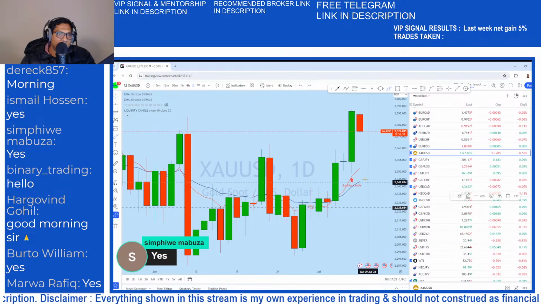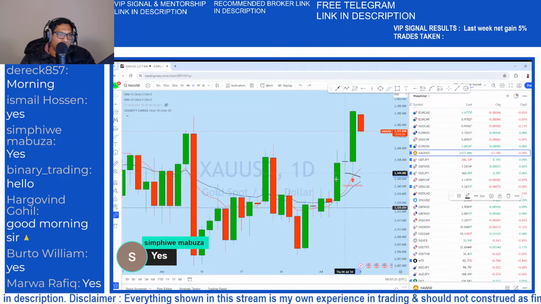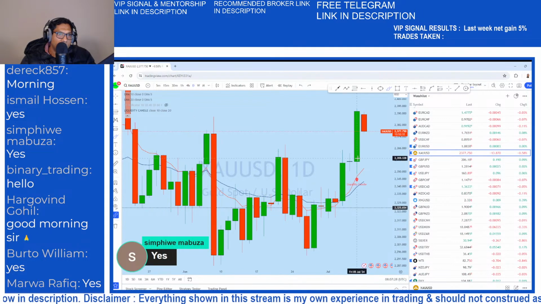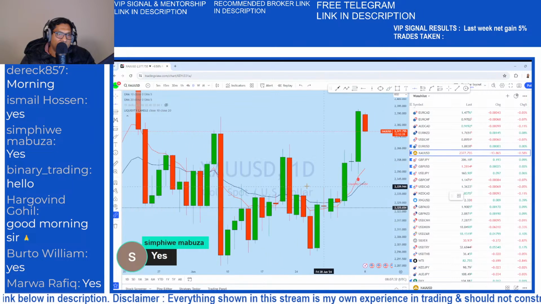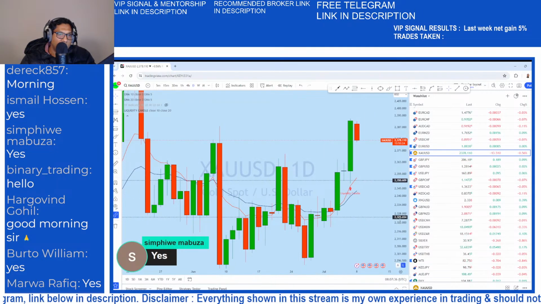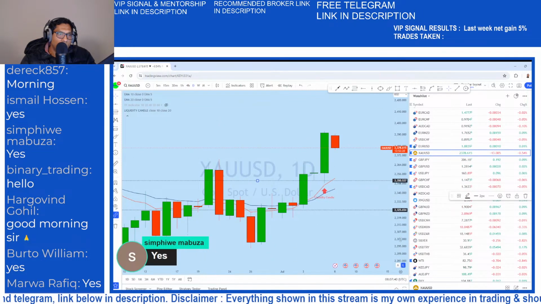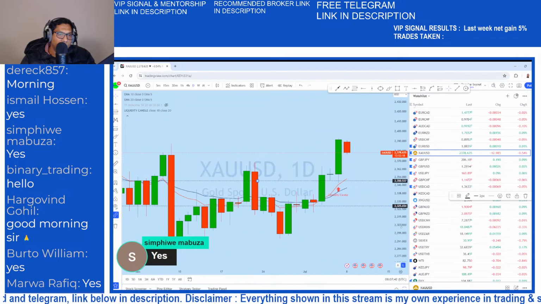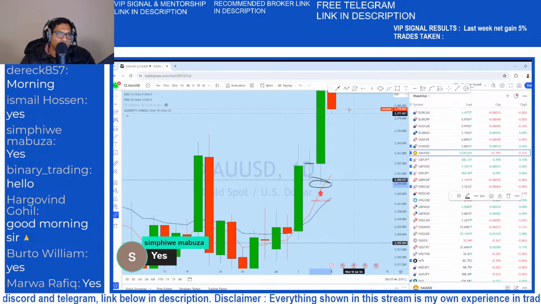With that daily liquidity candle, there is a narrow doji followed by a break of this daily low, which is an important liquidity zone. And with that liquidity candle formation, you can see this is a very important liquidity zone.